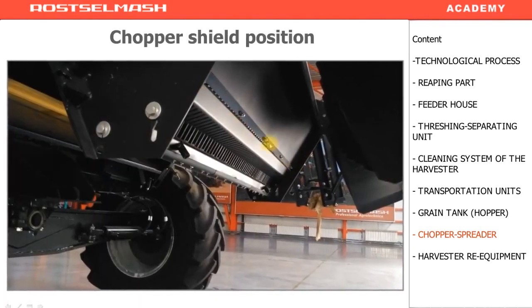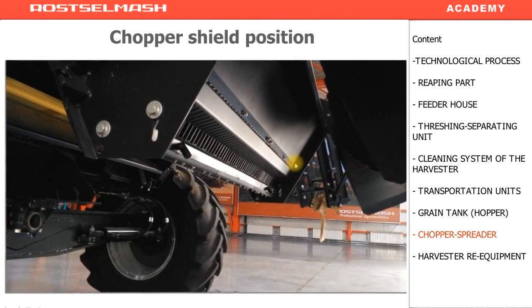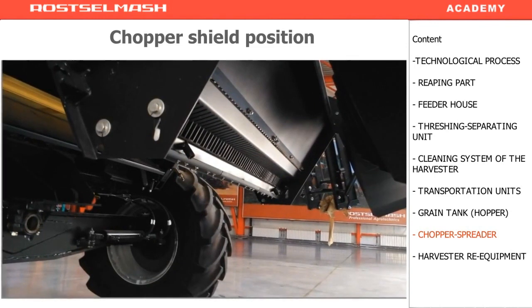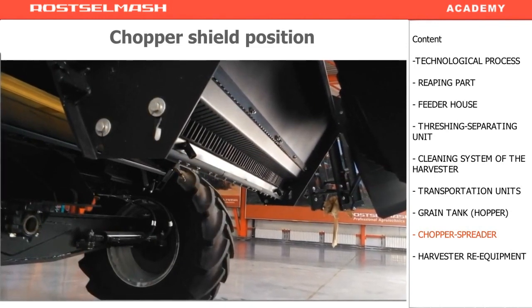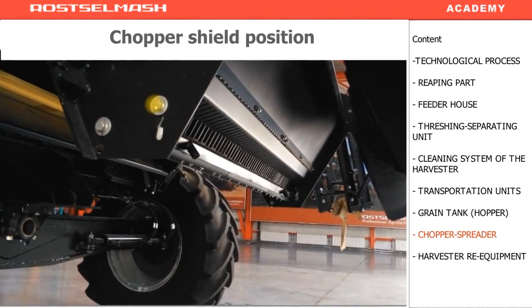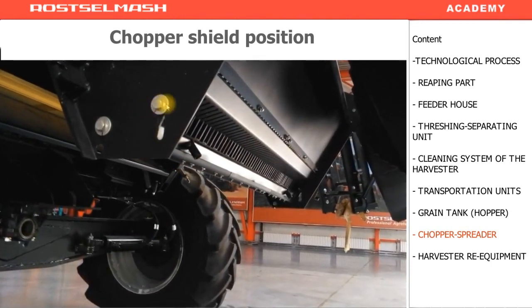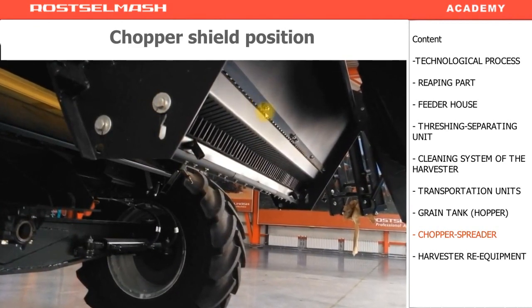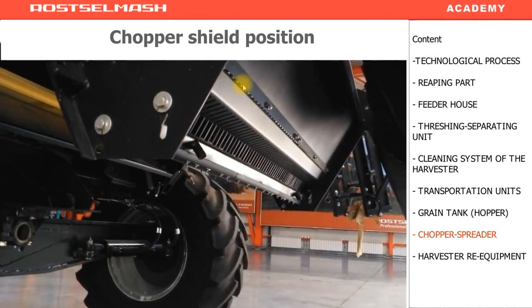Also, we have a chopper shield which is attached below. You might need it for the following operations. If the chopping length adjustment is not enough, and when the chopping adjustment is set to the shortest length, and you have to make the chopping length even shorter, you unscrew this shield, and it is installed on the inside.